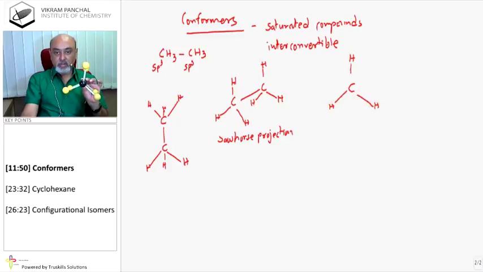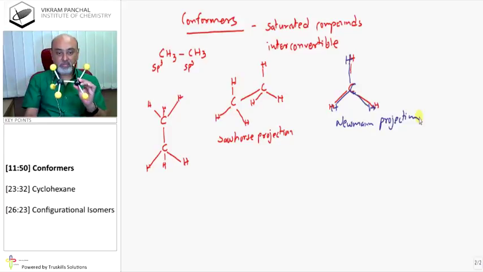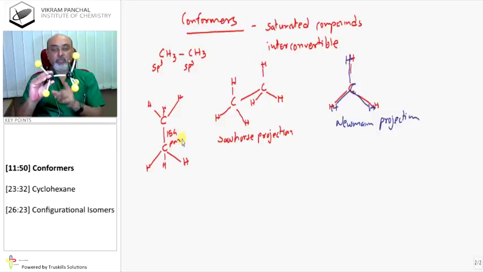We can change the color to show the carbon on the back side. It's like this. And this is known as Newman projection. It is one of the conformers. The bond length of carbon-carbon is 154 picometer. So these two carbons are very close.